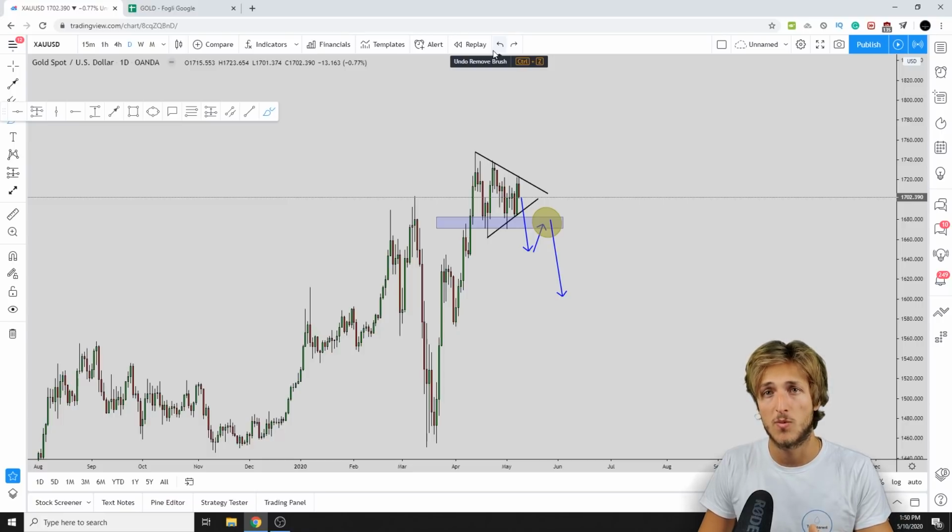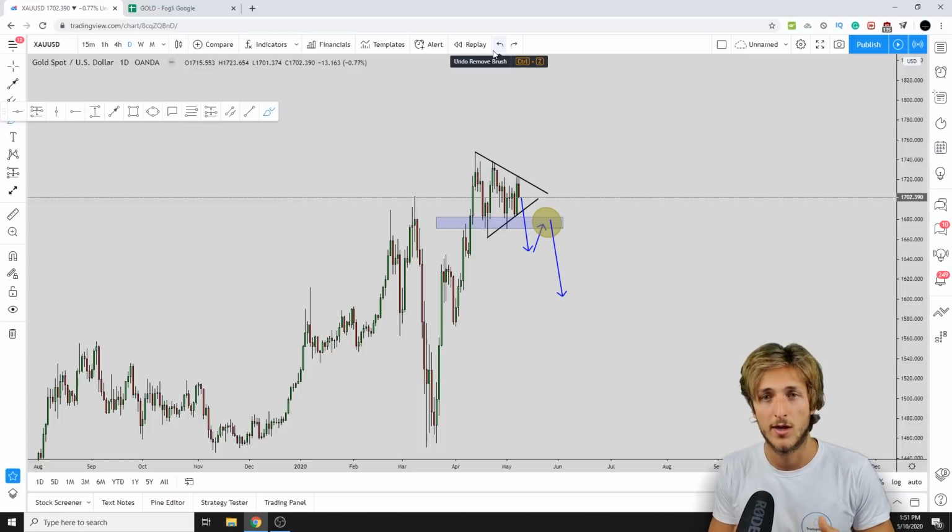Because always remember, monthly, weekly, daily, and COT data is very good for the direction of the market. But when it comes to entry, you need clear rules for entry on the 4-hour time frame. Why? Because it's the most accurate time frame, and it will help you in case the market doesn't really want to make that move.